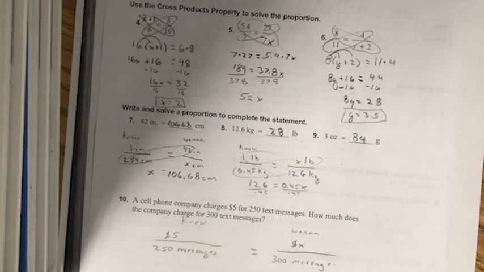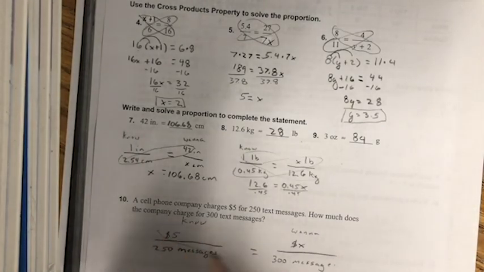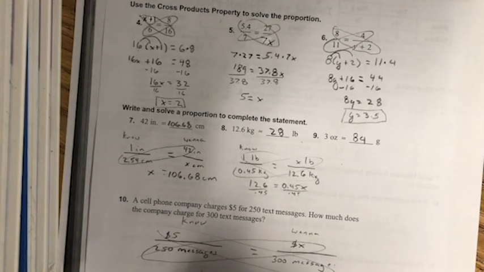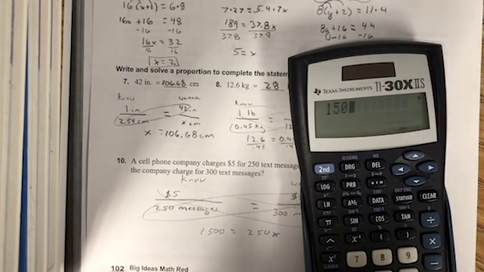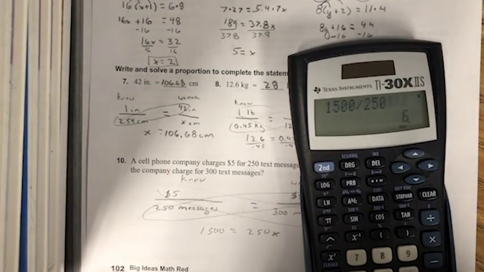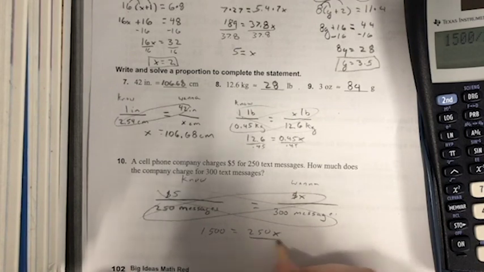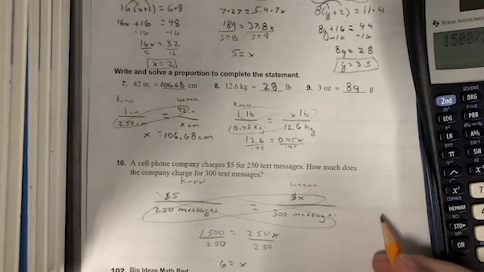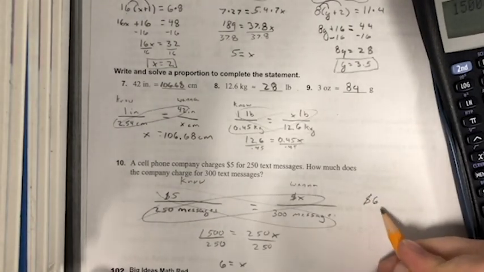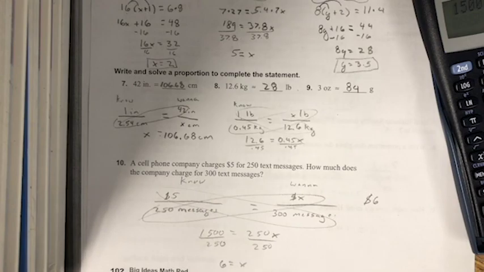Now I just simply cross multiply and divide. 5 times 300 gives me 1,500 is equal to 250 times x. Then I'm going to divide 1,500 by 250 and I get 6. So we divide by both sides. I get 6 is equal to x. It's going to cost $6 to do 300 messages.